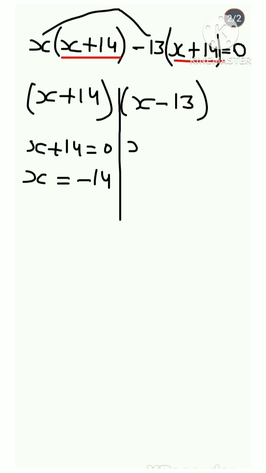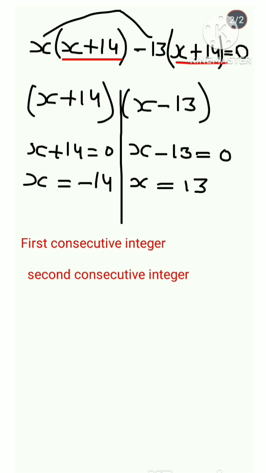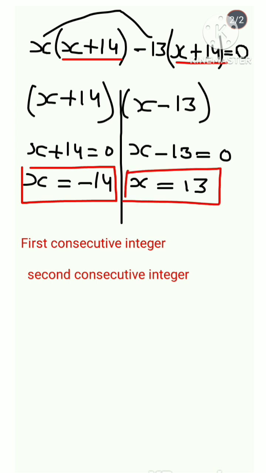Similarly, x minus 13 make it equal to 0, then we obtain x equal to 13. Okay, in this way we have obtained two values of x. First one is negative value and second one is positive value.